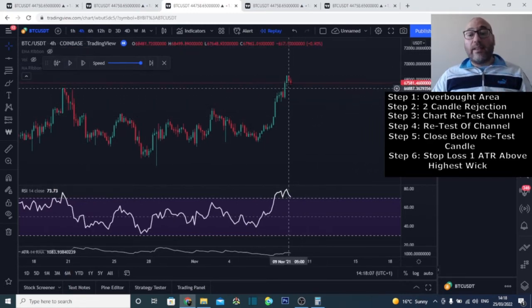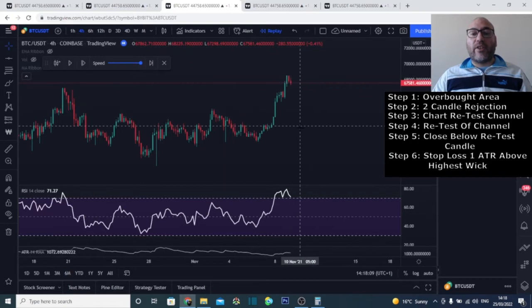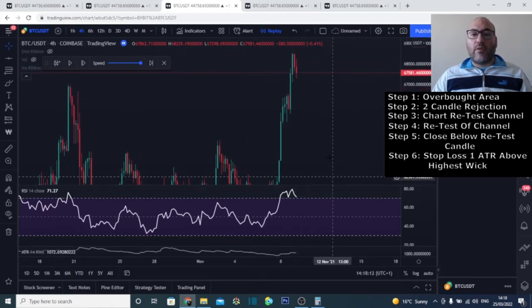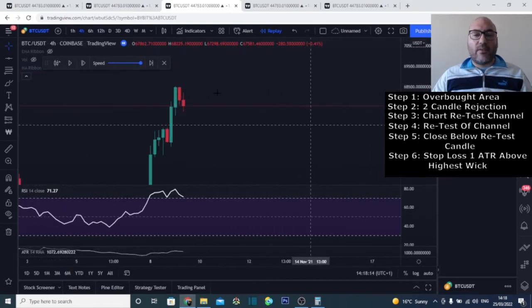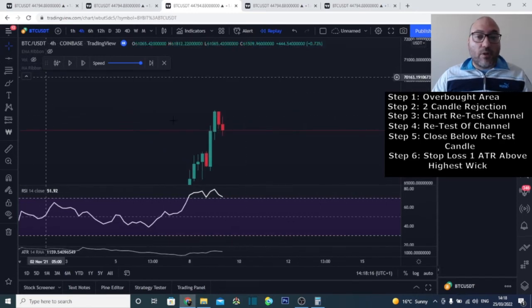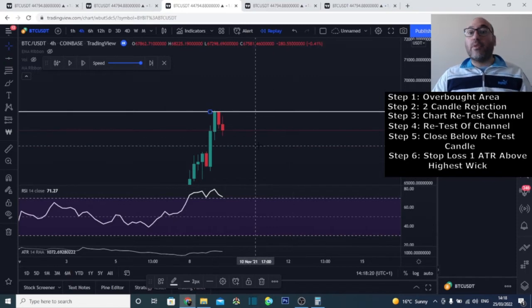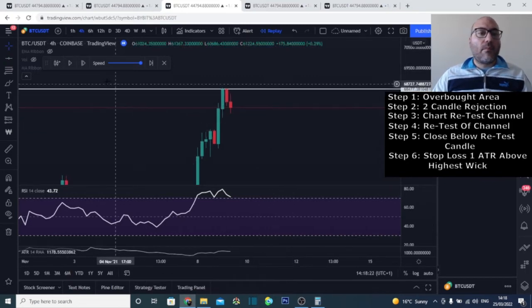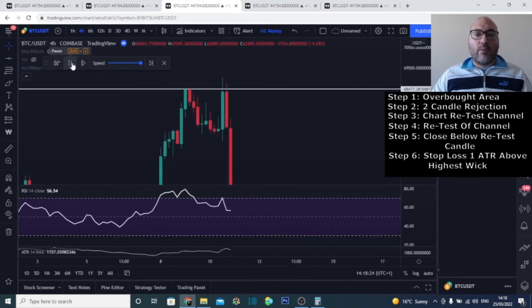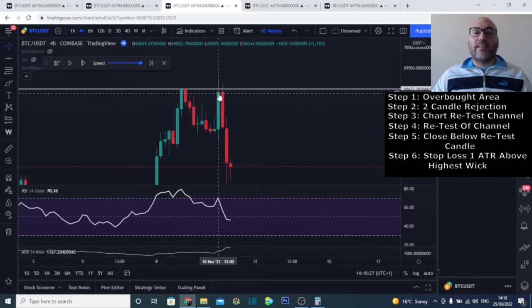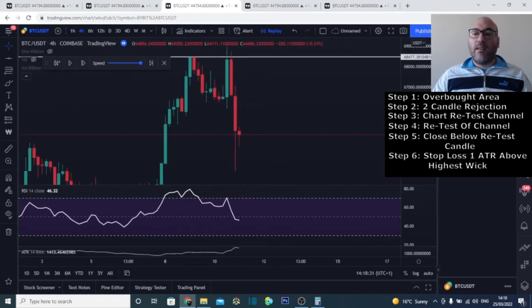We're gonna wait for a 2-candle rejection. So right now we can chart our channel, although it is very small. Like this, we can just put a line. And we're gonna wait for the retest candle, which was this candle, but not close above it.